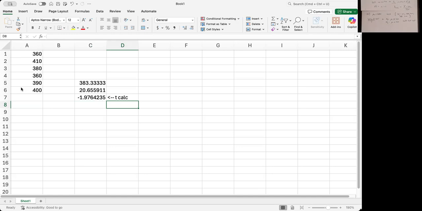How do I get the critical value? I can do it in Excel, I can do it on the table.